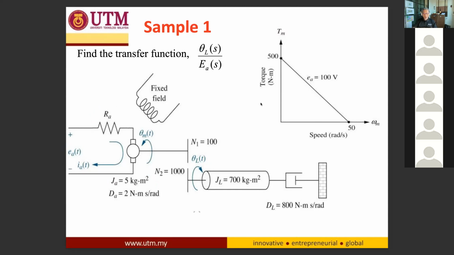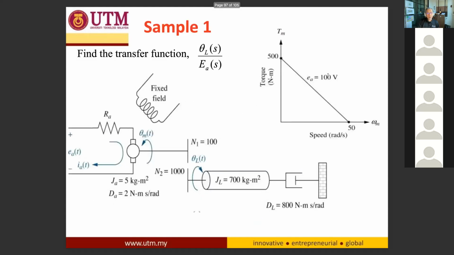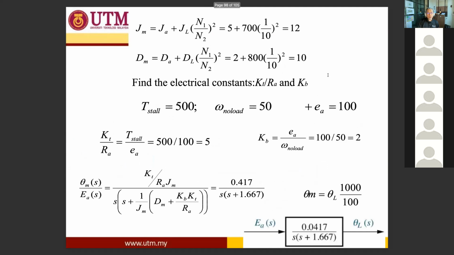Okay, are you ready? So we use the equations. JM, the total. The total JM is the motor plus the load. Using the equation just now, it is equal to 12. Then the viscosity damper dM plus dL over n2 squared is equal to 10.